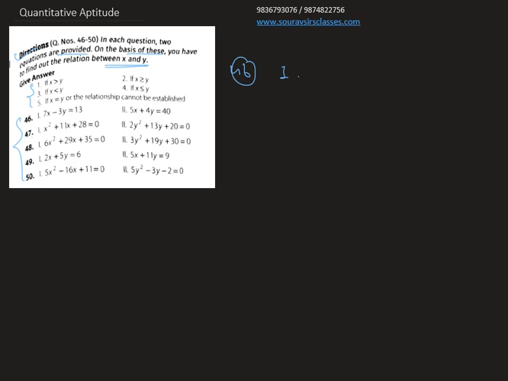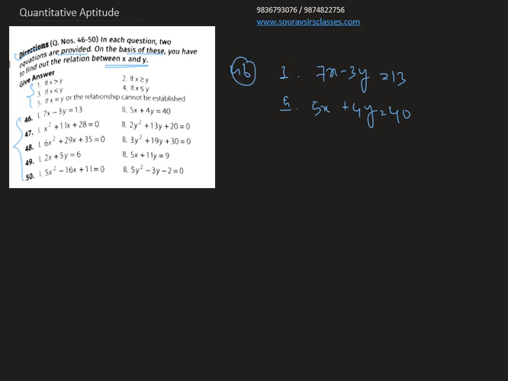Here the first equation is 7x minus 3y equals 13, and the second equation is 5x plus 4y equals 40.